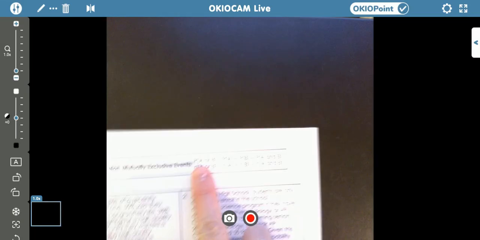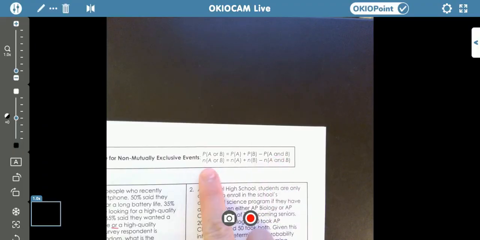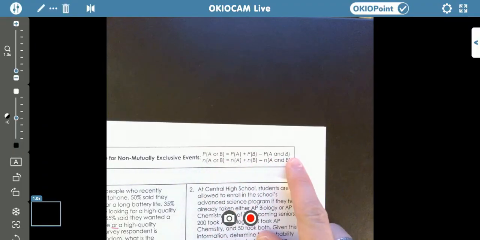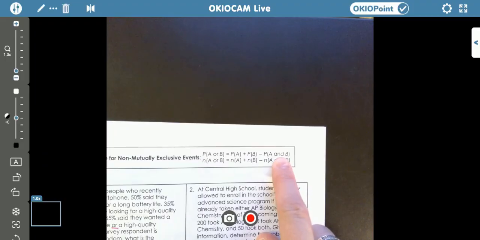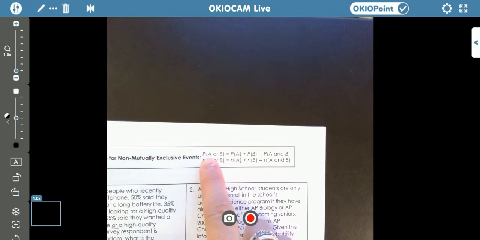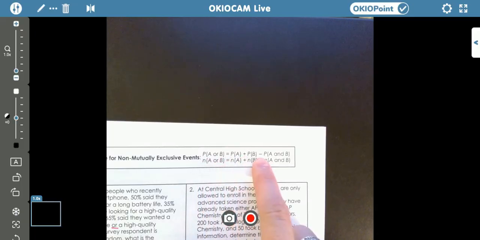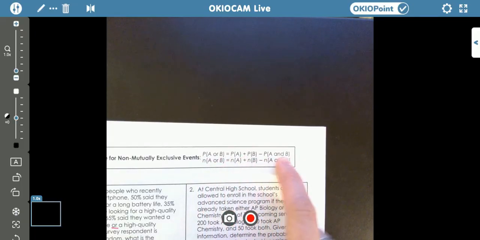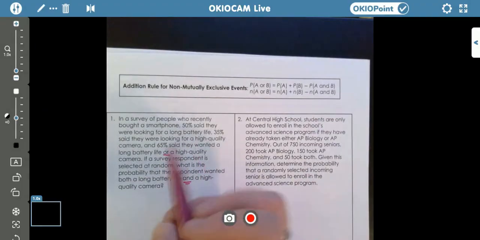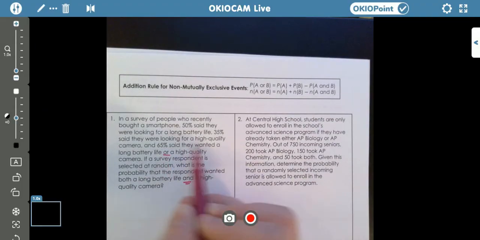So it's asking for us to find the and. So if I'm finding the and, I'm using this probability formula up here. We don't really need to worry about the n so much. It's the p one, probability formula. I'm looking for the and. So when I go to write stuff down, that's going to be what I call my x there. So I need or equals a plus b minus, and this is what we don't know, x. So if I look for the or was up here, 65%.